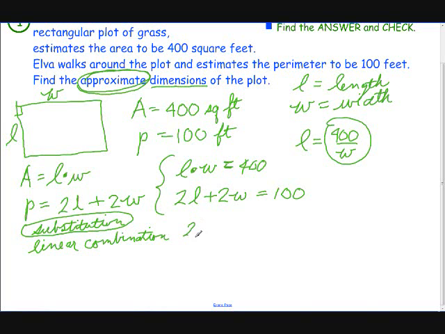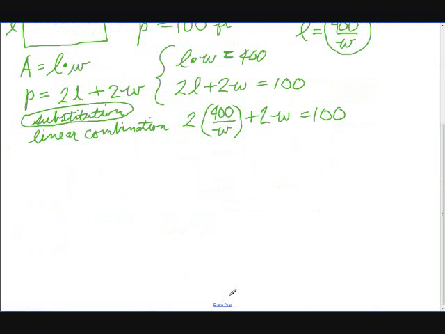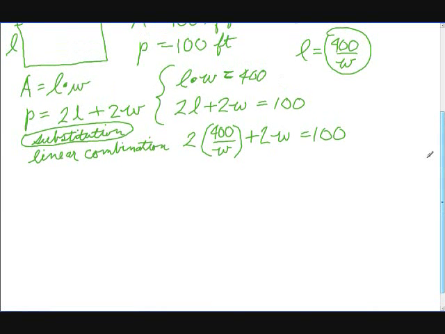So instead of writing 2L, I'm going to say 2 times 400 divided by W plus 2W equals 100. I'm wanting to solve for W, so I'm going to have to figure out some way of getting W by itself.